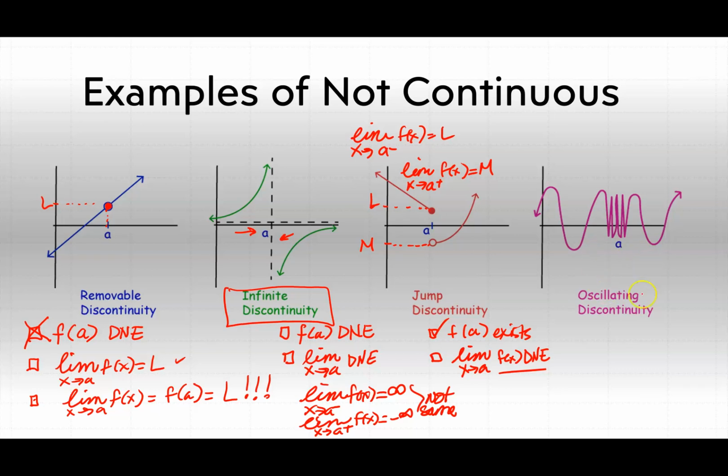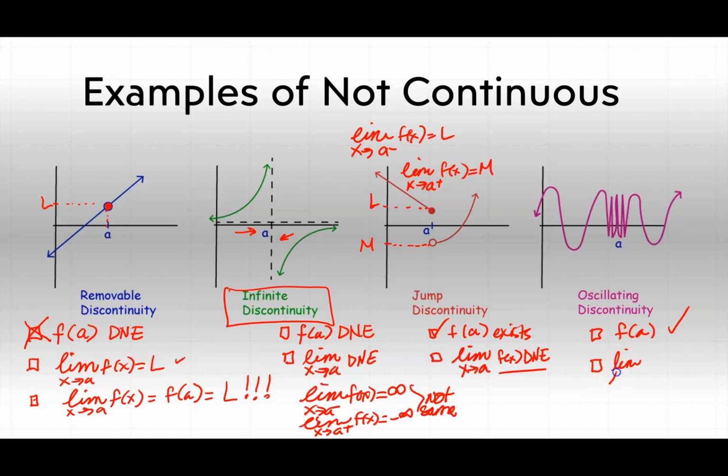Okay, as far as oscillating goes, which condition fails? Well, there's a function value everywhere. And that's why, when we were using that loose definition, we said, okay, I can actually go ahead and not lift my pencil here. But what happened?